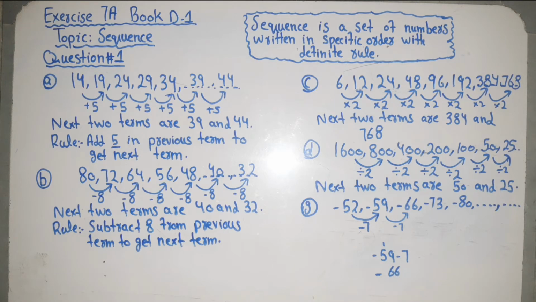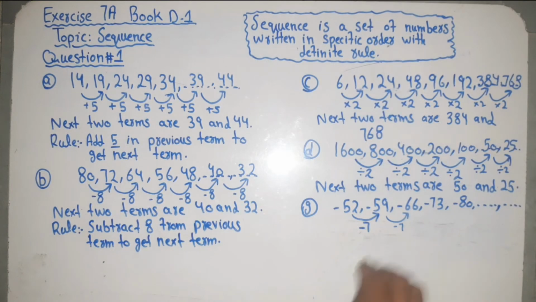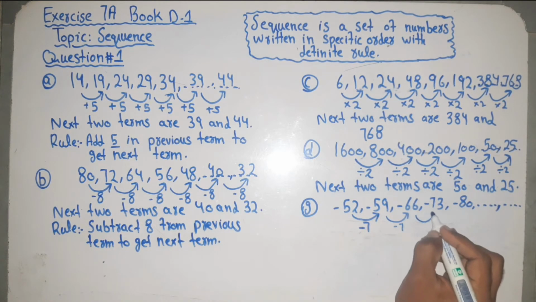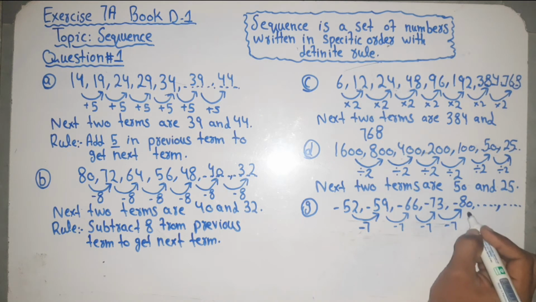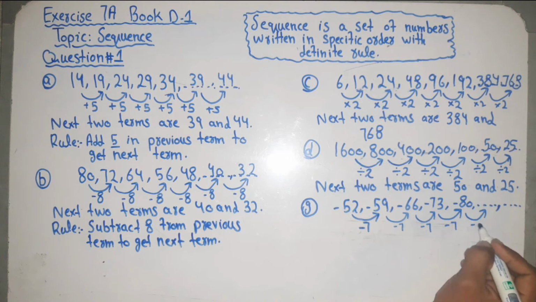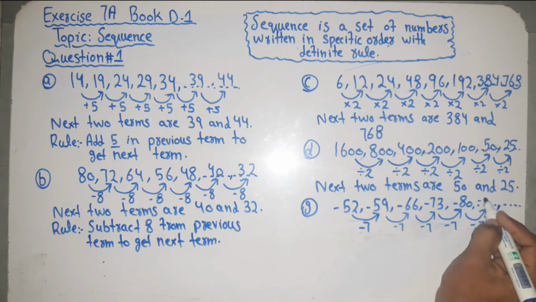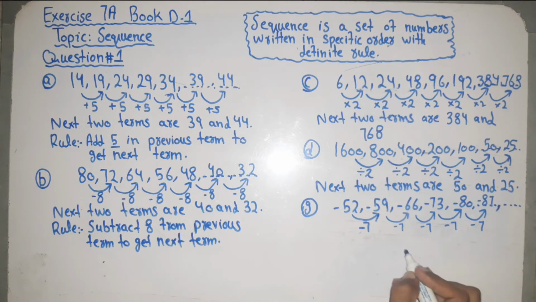So now you understand that this sequence is decreasing and we have to subtract 7 from previous term to get next term. So similarly we will subtract -7 from here and then -7 from here, and if we subtract -7 we will get minus 87. So there is minus 80 and minus 7, minus minus will be plus, minus 87.